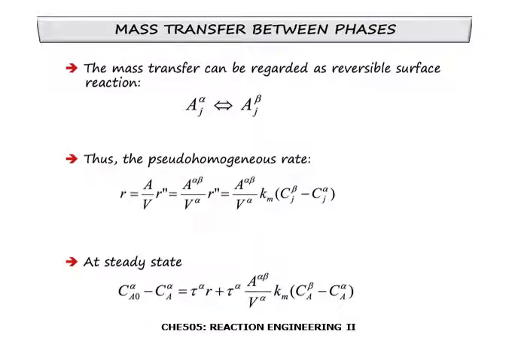Okay, the mass transfer can be regarded as a reversible surface reaction. So for example, the area at the alpha phase for species J is reversible for the area at the beta phase for species J. The pseudo-homogeneous rate means the overall rate or the one-dimensional rate.